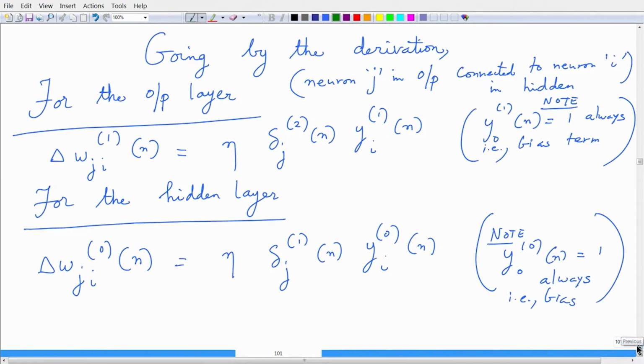Now, going by the derivation for the output layer, that is neuron j in the output is connected to neuron i in the hidden layer.